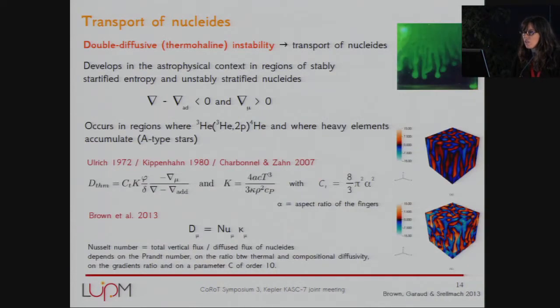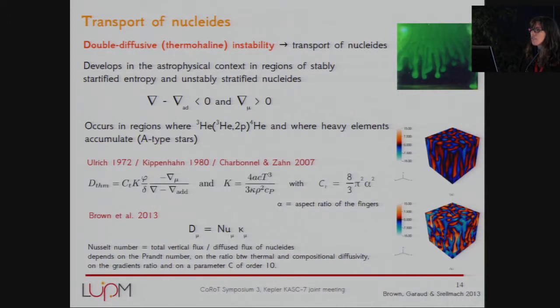Another transport of nuclides that you have is the double diffusive instability, the so-called thermohaline instability. It develops in the astrophysical context in regions where you have a stably stratified entropy and an unstably stratified chemical composition. In particular, this occurs in red giant stars where you have the helium-3 reaction.